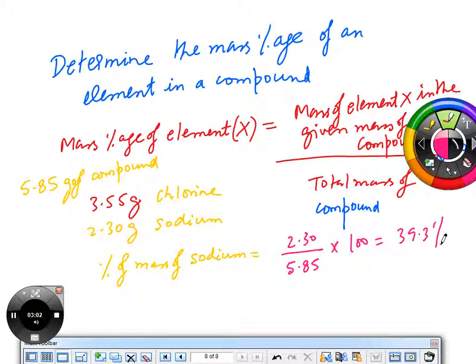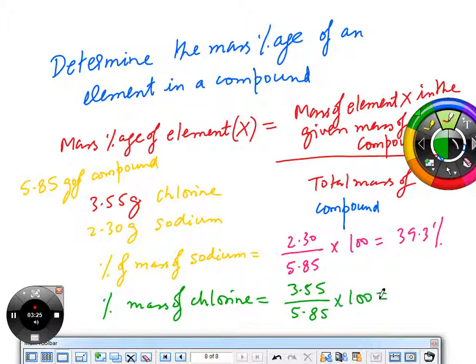Similarly if I calculate for some other, let's say for chlorine. So percentage mass of chlorine, let me calculate, and that will come out to be 3.55 divided by 5.85 into 100.